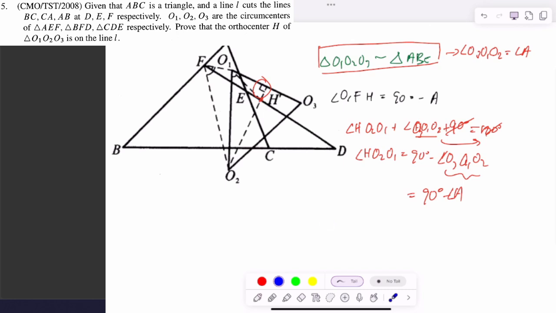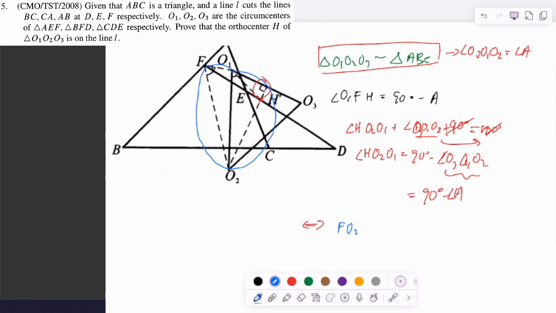This means, oopsies, that you've got a cyclic quad. I don't know how you would want to draw this. This is like the hardest cyclic quad to draw, but basically you have something like this. FO2HO1 is cyclic due to this being equal to this.